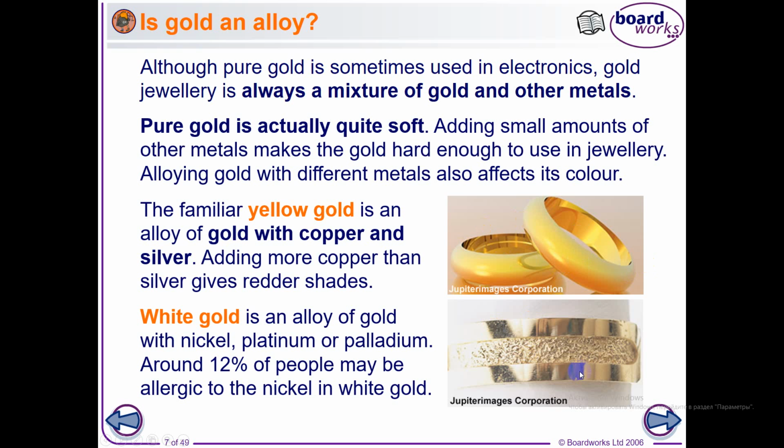White gold is an alloy of gold with nickel, platinum, or palladium. Around 12% of people may be allergic to the nickel in white gold. So you must check this alloy, and this alloy of gold, to see if they contain nickel.